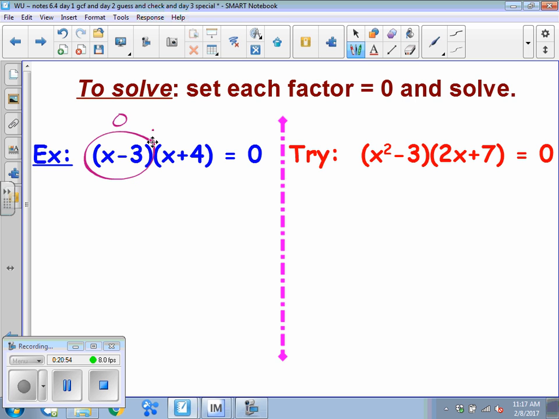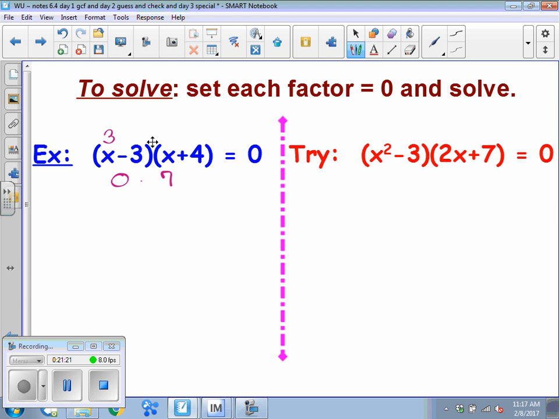So when I look right here, if x was equal to positive 3, then that would be 3 minus 3. So that would be 0 times, I don't even care, you can still plug in 3. 3 plus 4 is 7. That would be 0 times 7, which is 0, right? So the first solution is x equals 3.